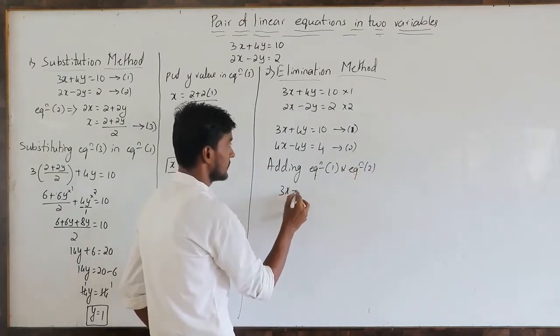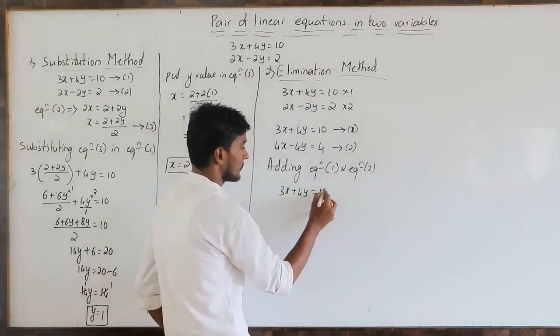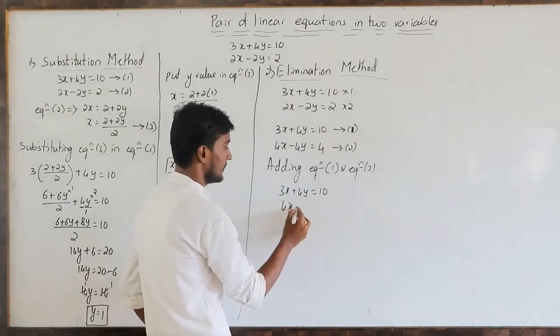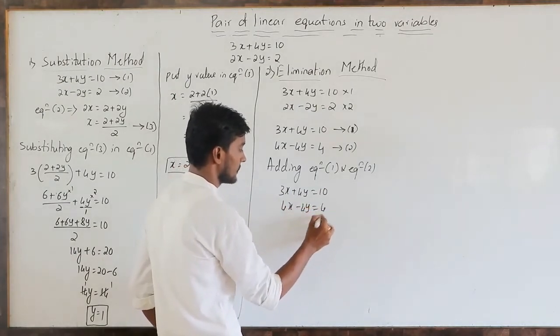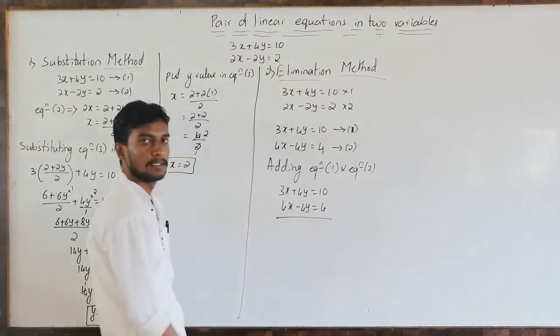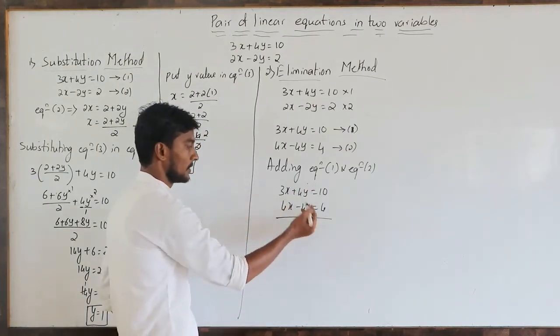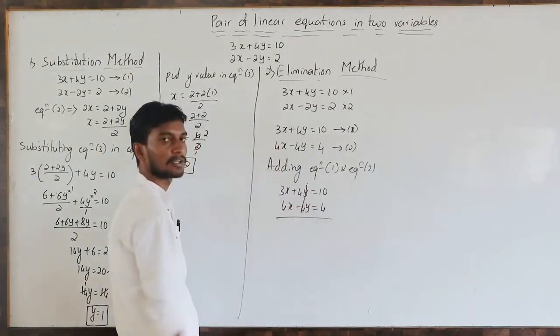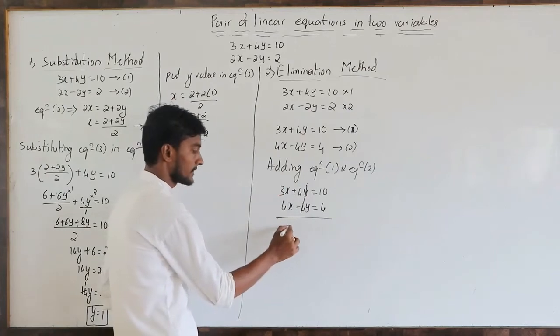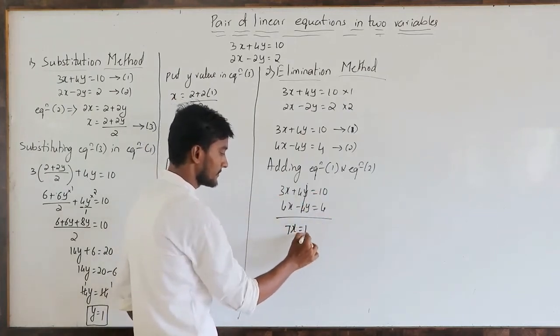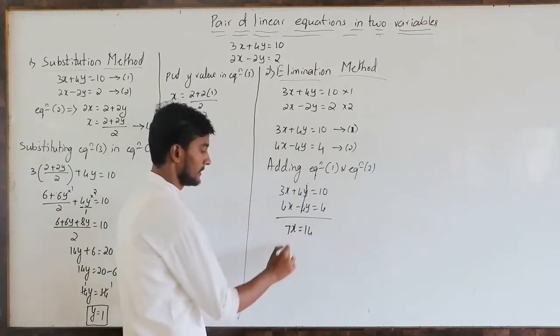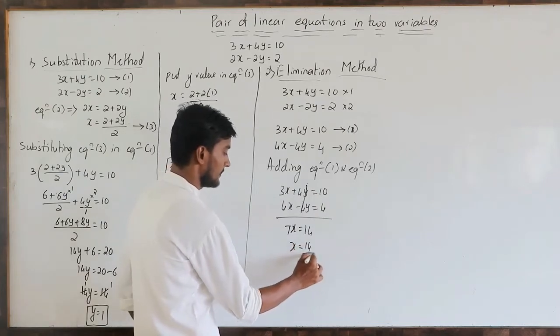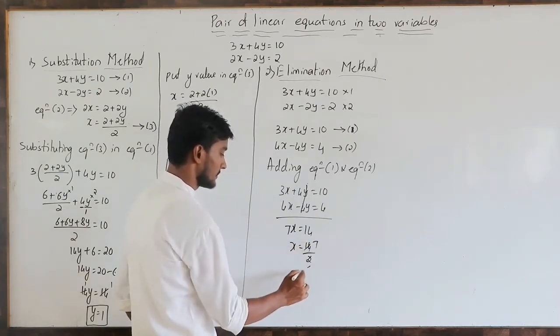So 3x plus 4y is equal to 10, 4x minus 4y is equal to 4. If you are adding, no need to change the sign, directly you have to cancel. 3x plus 4x is 7x is equal to 10 plus 4 is 14.